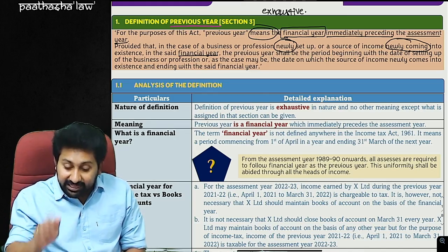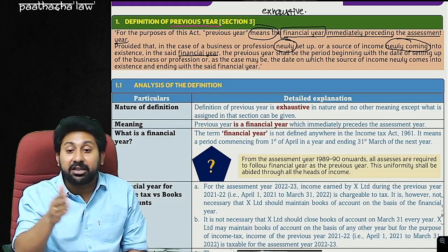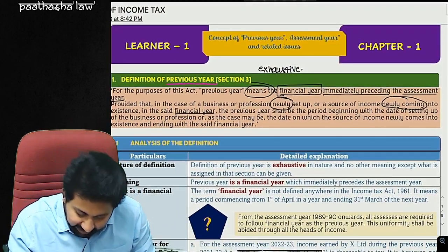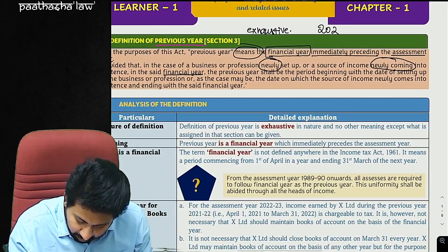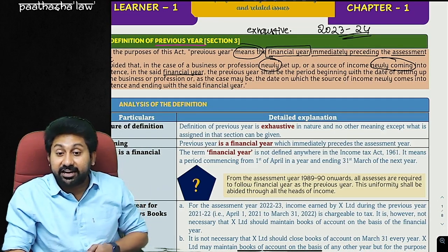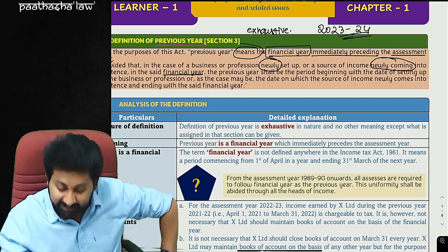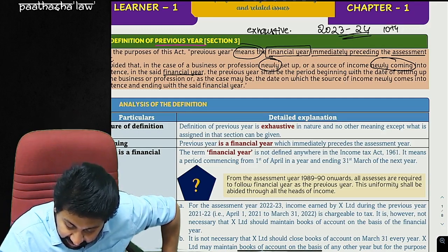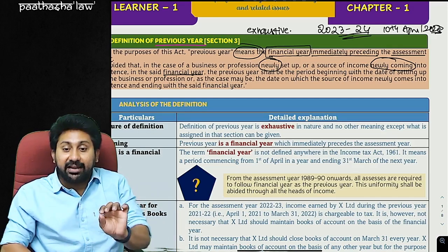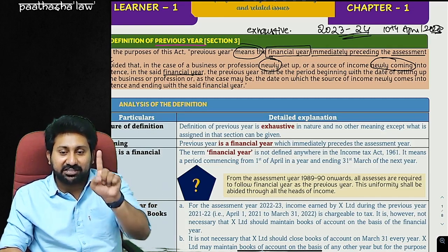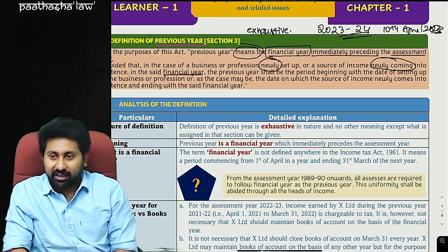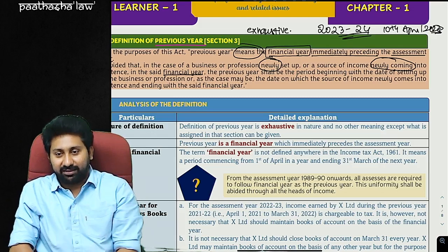Now, in the financial year 23-24, say for example on 10th April 2023, I entered into the movie field and received my first cheque, a 5 lakh rupee cheque. I received my first cheque for a movie.